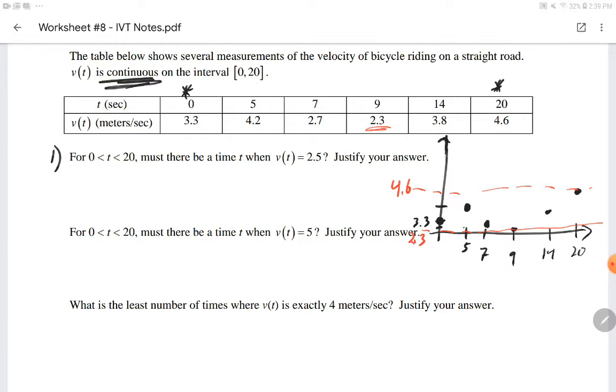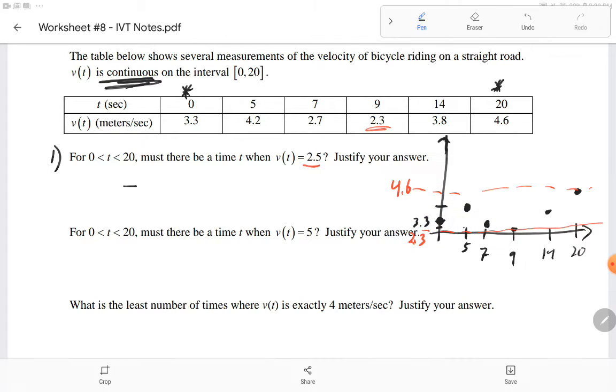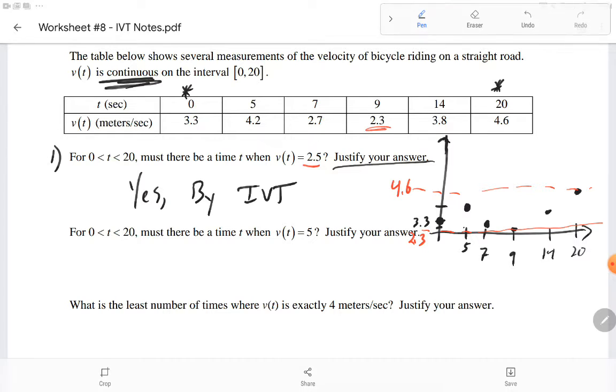So I know anything between 2.3 and 4.6 will exist by the IVT. So 2.5, where does that fall? Well, that falls in between 2.3 and 4.6. So what does this mean? The answer is yes, it will exist. How do I know? Because it says to justify your answer. You can just straight up say by IVT. Problems are that easy.